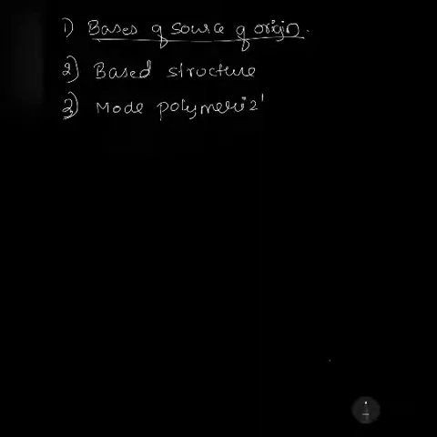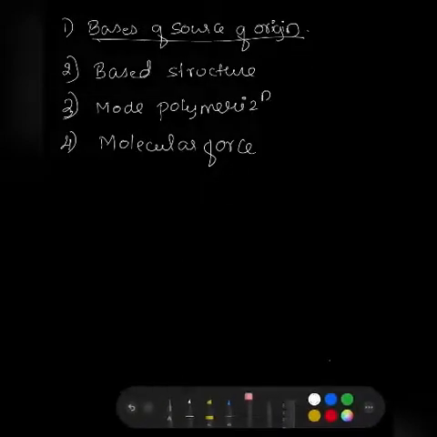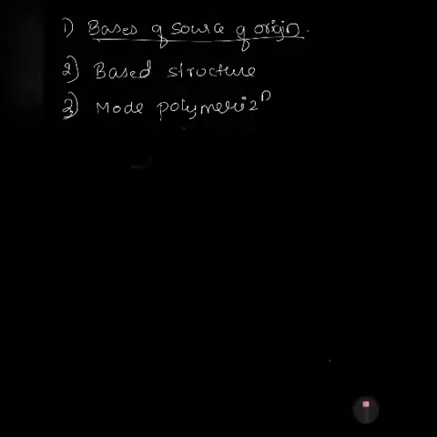And the fourth one is based on molecular forces: what type of molecular forces exist between different monomers. These are the major four classifications under polymers to make their study easier. So one by one we are going to discuss.